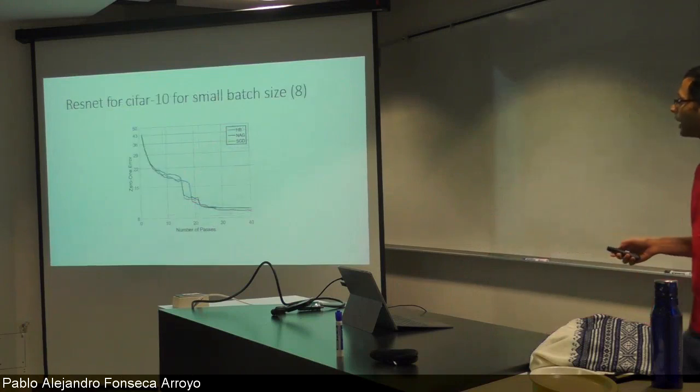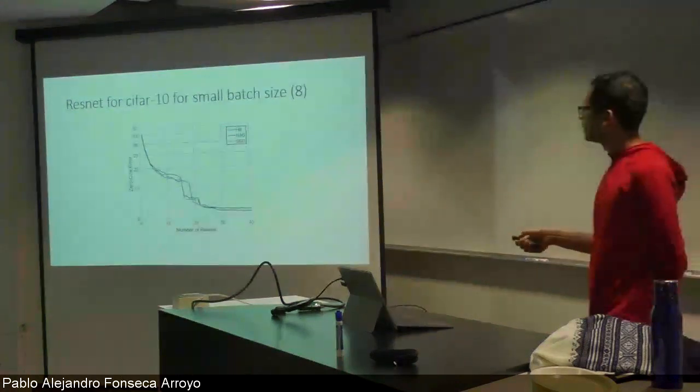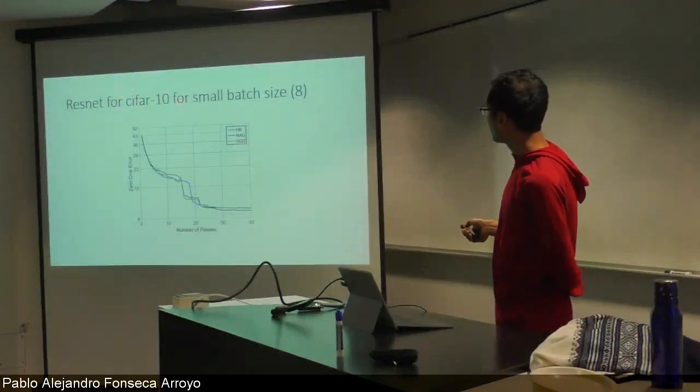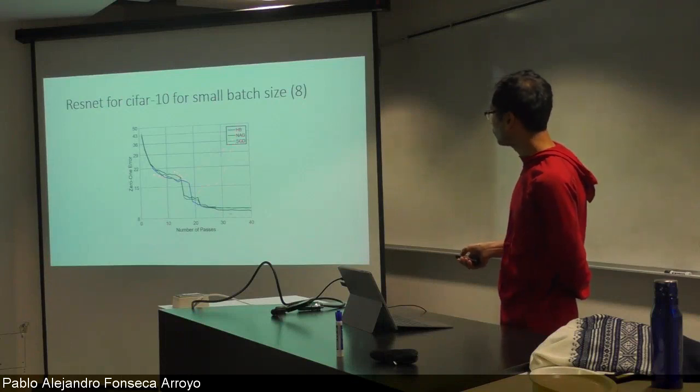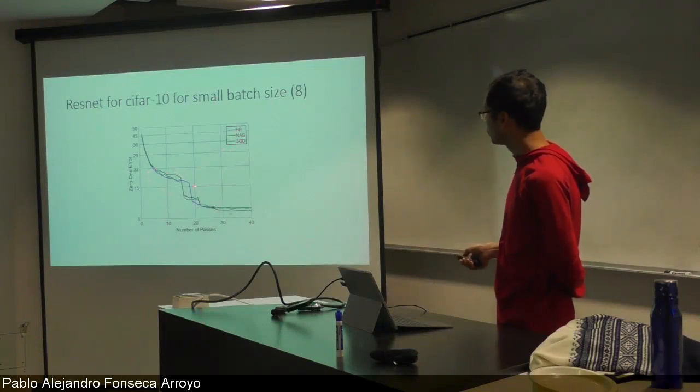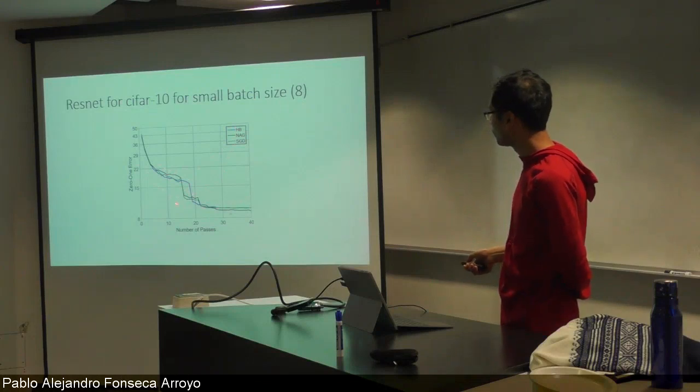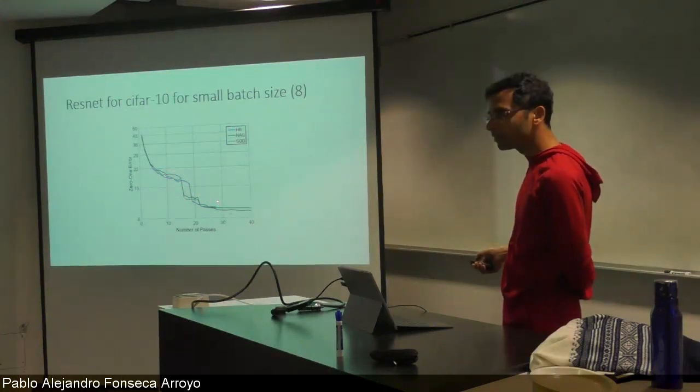Okay. And we tried again training a ResNet on the CIFAR-10 data set, again for a small mini batch size of 8. Here are the plots for SGD, heavy ball, and Nesterov. And we again see that there is not really much difference between the performance of these 3 methods.